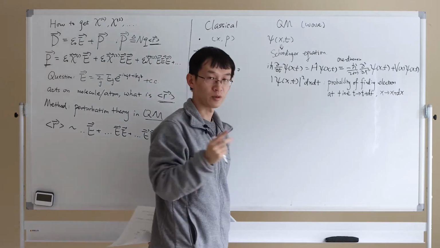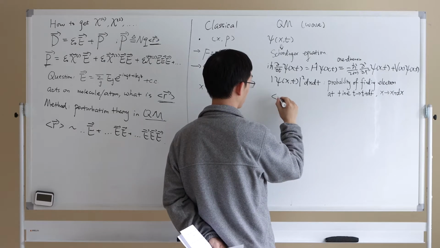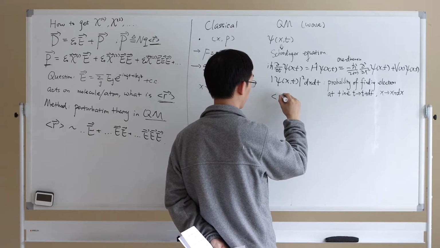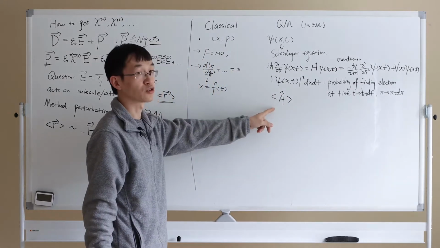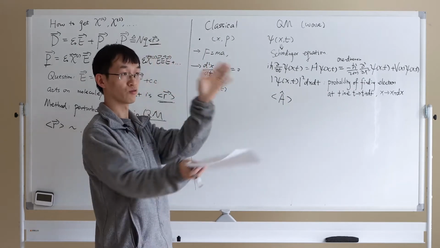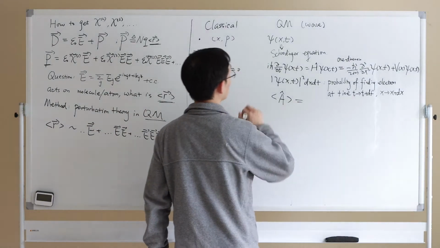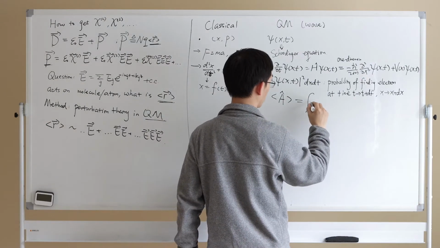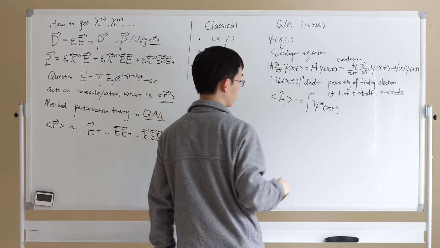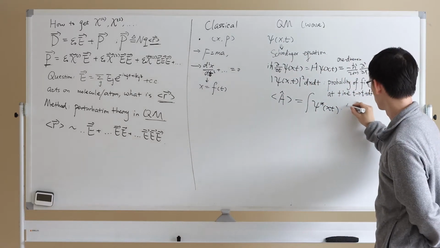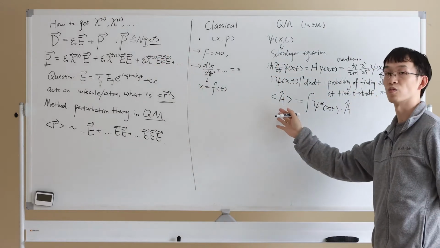In quantum mechanics, people have proved that if you want to calculate the expected value of an operator or of a physics attribute, for example, in this case, R, a three-dimensional position, then what you do is you take your wave function, its conjugate, times this physics attribute, in this case R. And you might wonder why this is an operator.